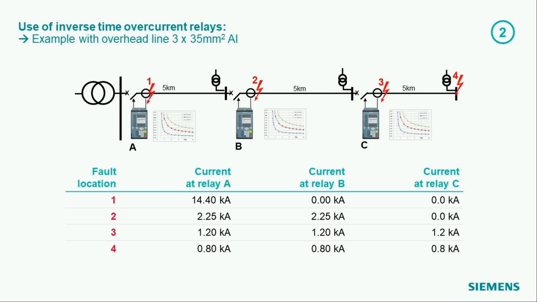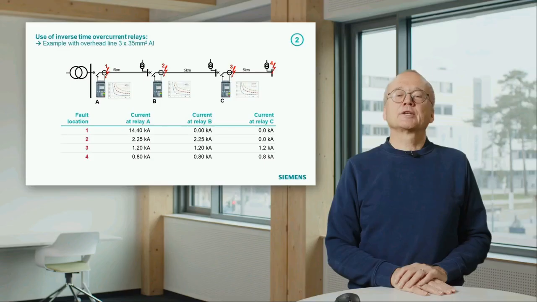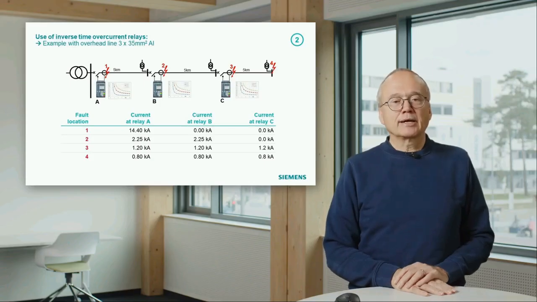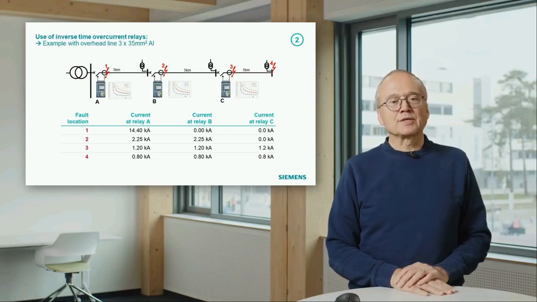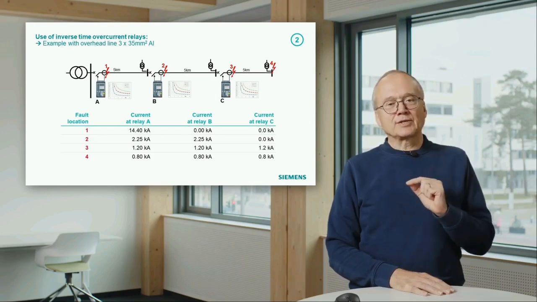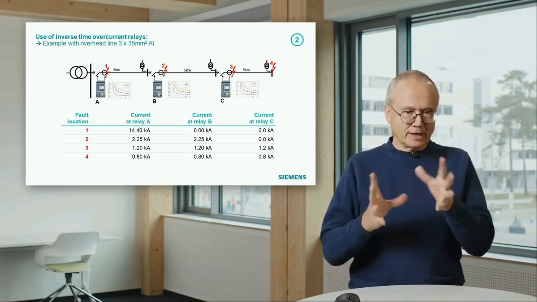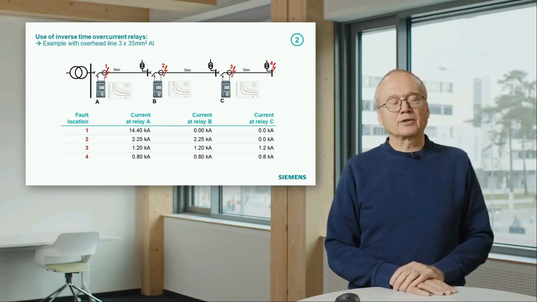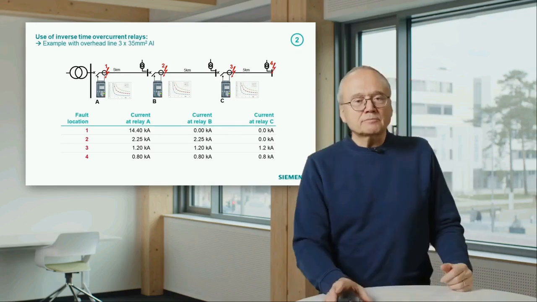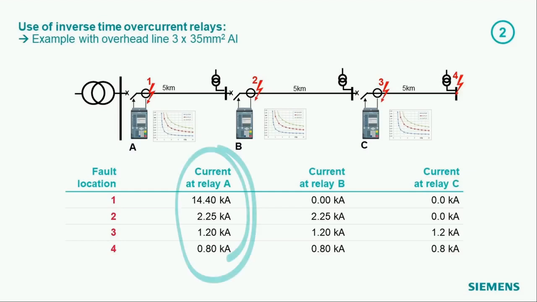That means for the 4 different fault locations in this picture, I calculated the short circuit currents, for all relays. You see, you end up in a sort of a matrix. And you can see here already that the short circuit current significantly depends on where the fault is.